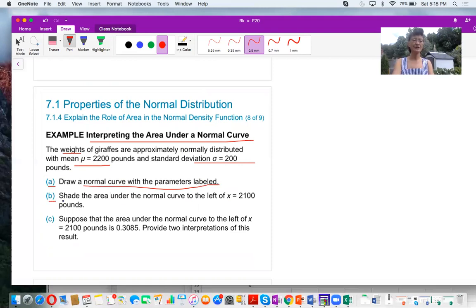Question B, shade the area under the normal curve to the left of x equal to 2,100 pounds. Question C, suppose the area under the normal curve to the left of x equal to 2,100 pounds is 0.3085. Provide two interpretations of these results.